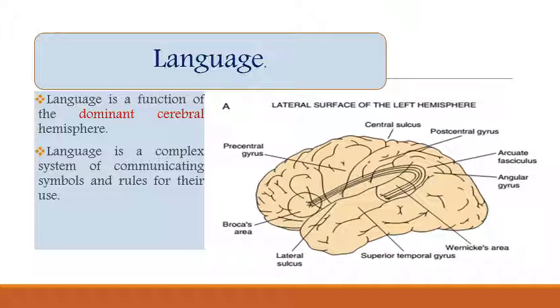To speak and produce words, we need what is called Broca's area, which is related to the lower frontal lobe. This bundle of fibers is called the arcuate fasciculus, which connects Broca's area and Wernicke's area.